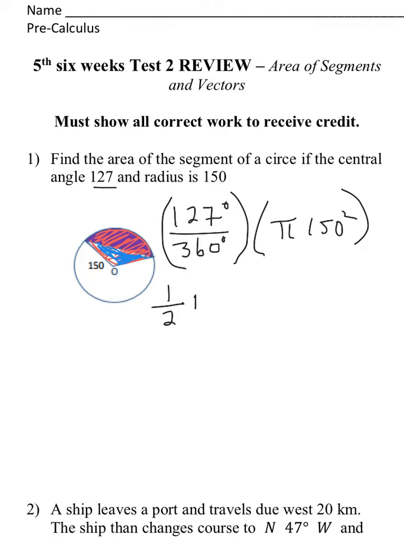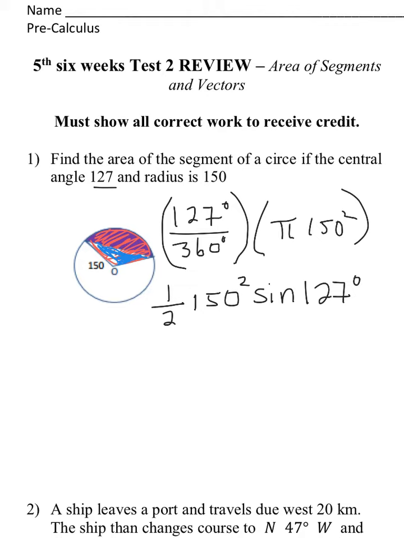So we're just going to say 150 squared for A times B times the sine of the angle. The angle is 127 degrees. So those are the two calculations we need to do.